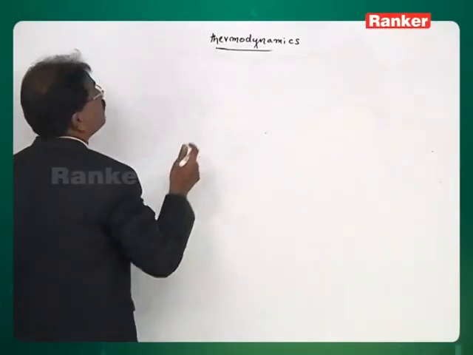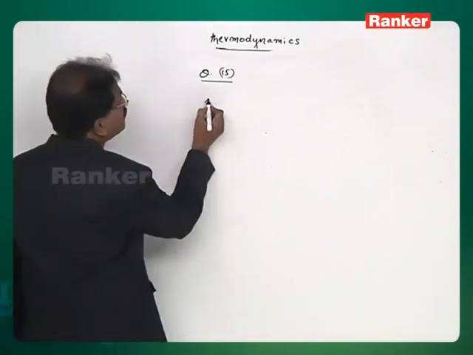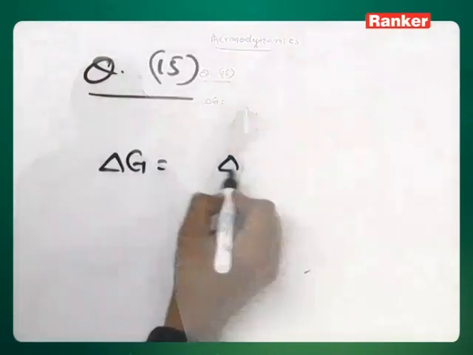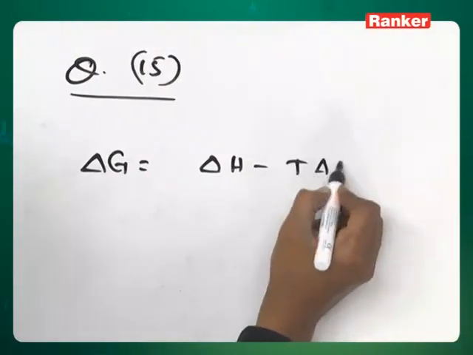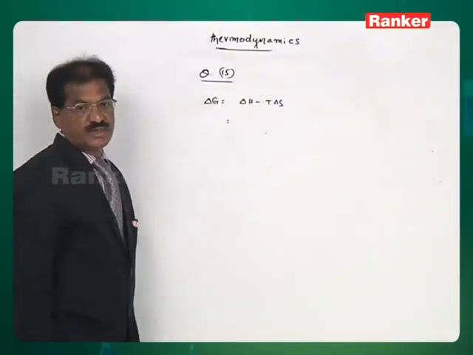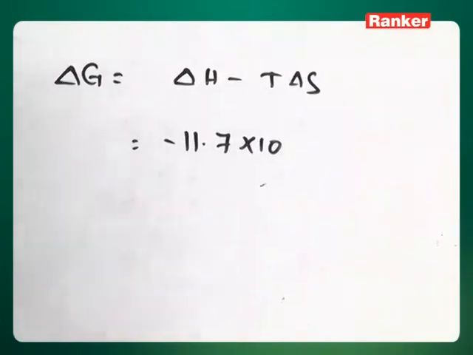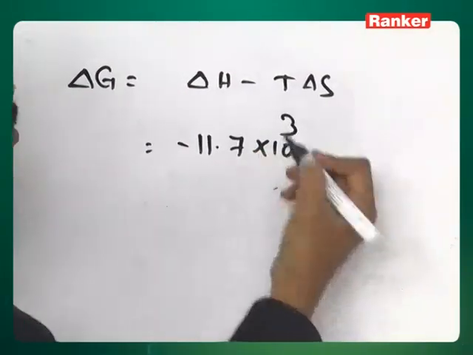Next, question number 15. For a reaction at 25 degrees Celsius, enthalpy change and entropy change are given. Based on these, we have to calculate the Gibbs free energy change. The Gibbs free energy change, del G, is equal to del H minus T del S. Here in the problem, the enthalpy change is given as minus 11.7 into 10 power 3 joules per mole.